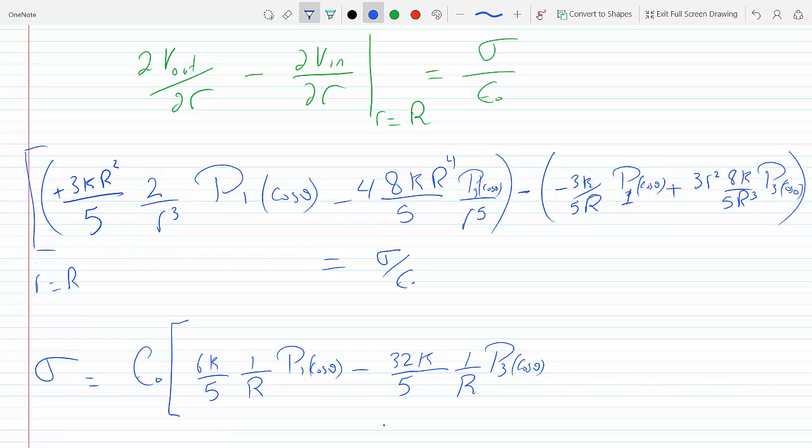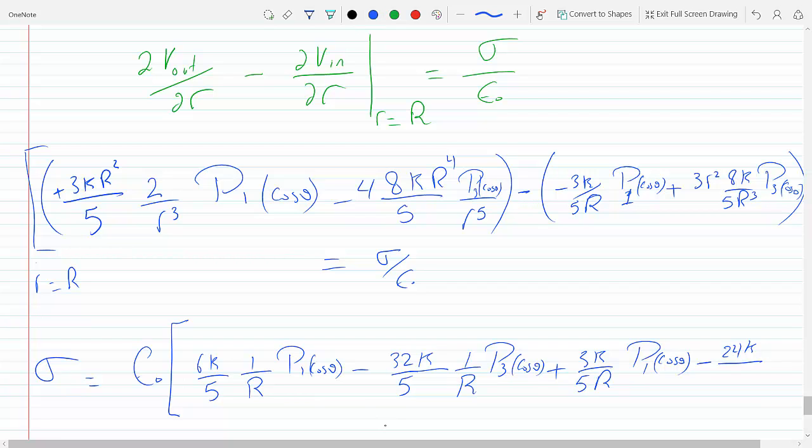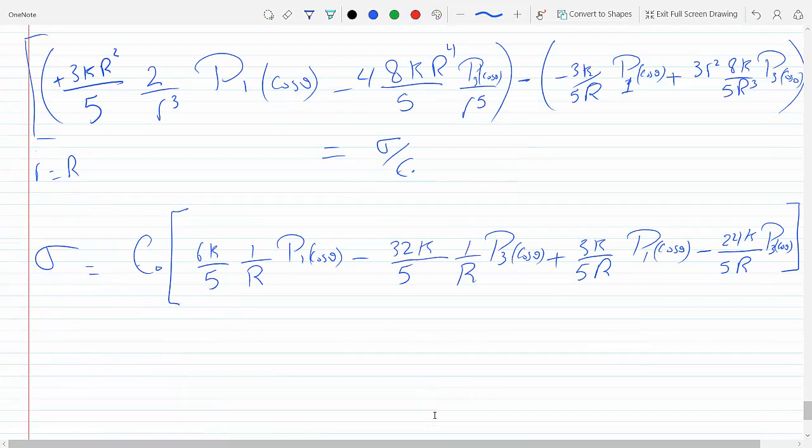That's the first guy, plus here we get 3k over 5r P1 cosine theta, and on the last term the r's cancel and you get 24k over 5R, P3 cosine theta, close bracket.